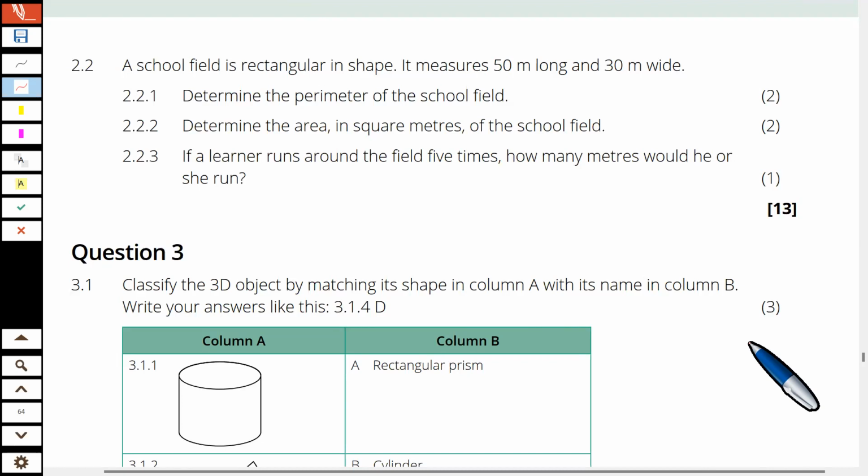Is the perimeter of the school field 160? Okay, let's just check that one. Yes, it is 160. Well done. So to do the perimeter here, you'd have to realize that the perimeter is actually 2 into 50 plus 30.